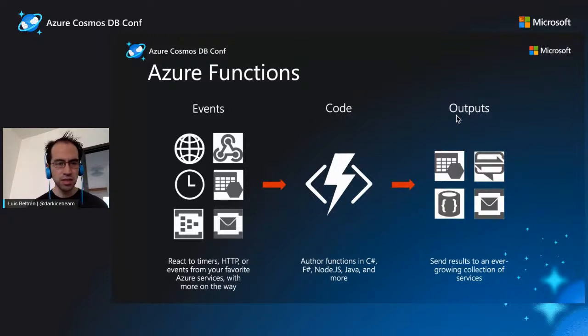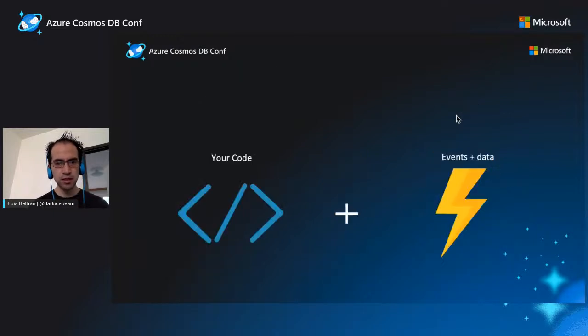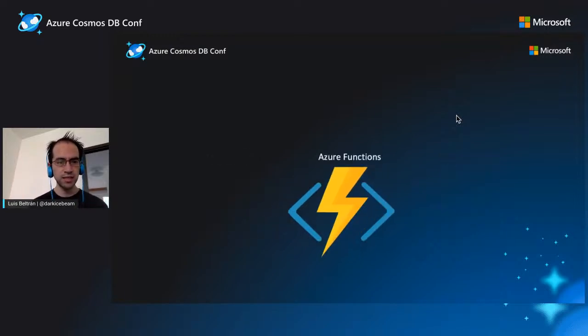So you can directly connect, for instance, to Cosmos DB, which is the main topic of today's session. You can also connect to the blob storage service, table storage, or even send an email after some processing. So your code plus events is Azure Functions, basically.